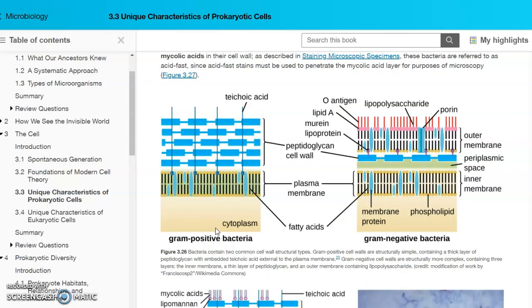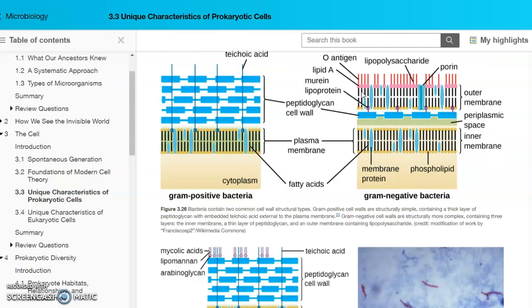Gram-positive bacteria have plasma membrane, just like we talked about. Gram-negatives have that. But then if we look at gram-positives, we see this huge thickness of peptidoglycan. Whereas with gram-negatives, they have a very tiny layer of peptidoglycan, and then they have this outer membrane on them.